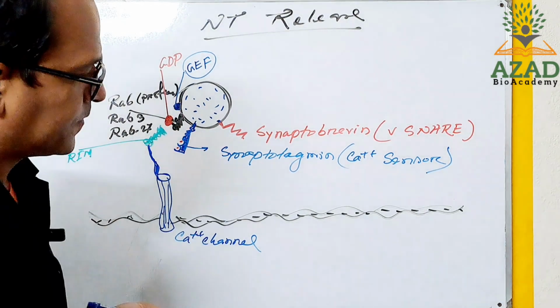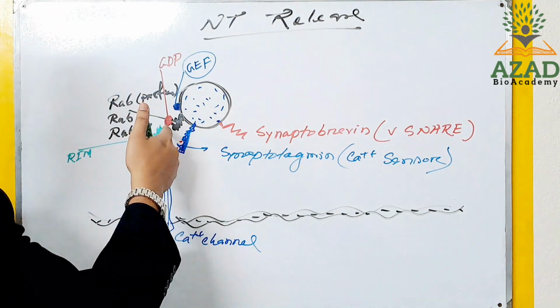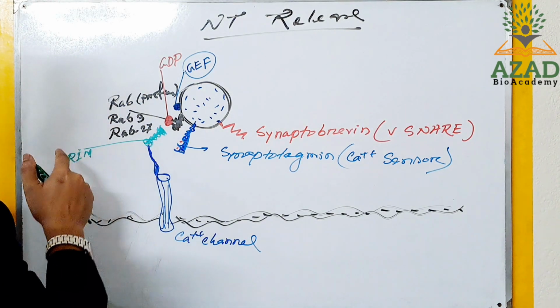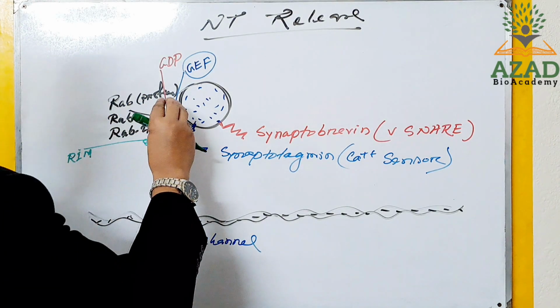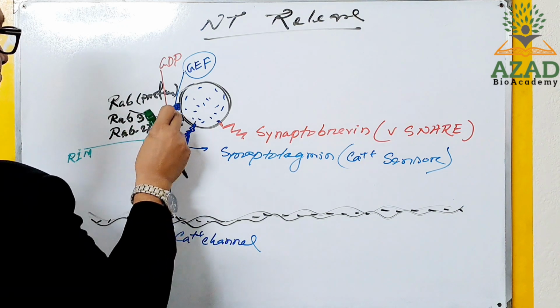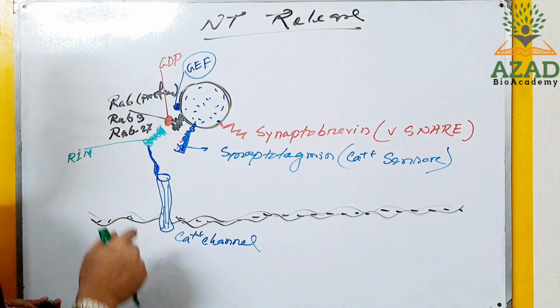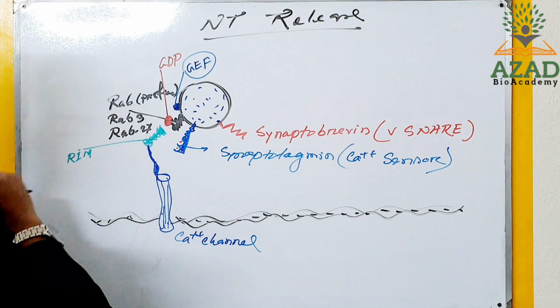RIM means Rab interacting molecule. You can say it is the effector protein of Rab protein. So this is the Rab protein and this is the RIM protein.